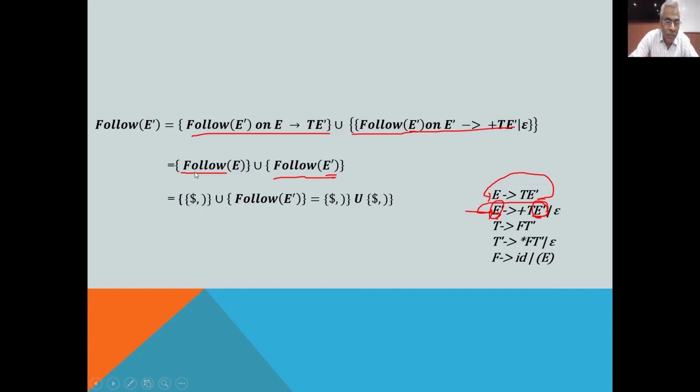So I have written here follow of E is dollar comma closing bracket. If we find the follow of E dash, we will again get the same symbols. So I have written here dollar and closing bracket, and in a union we write them one time, so the follow of E dash becomes dollar and closing bracket.